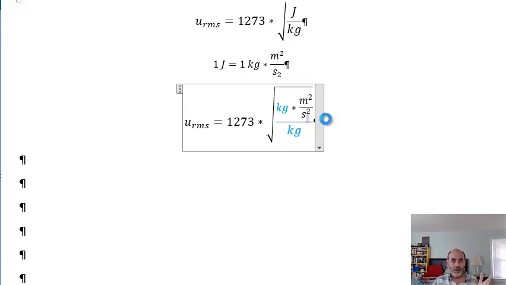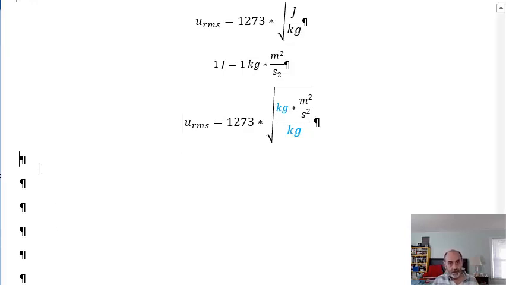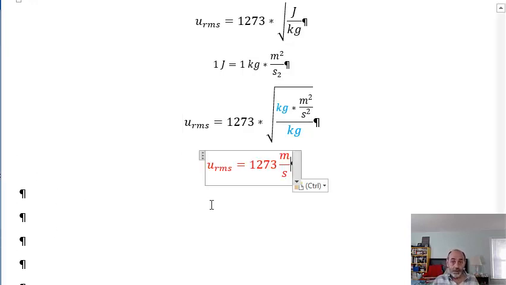So meters squared per second squared, when you take the square root of those, you end up with meters per second, don't you? So that makes our final answer, after a little modification in what I had, this. So that ammonia molecule, when it's at that temperature, is moving 1273 meters per second. Pretty fast, huh? Okay, well that's using the root mean square velocity relationship that we have in our gas toolbox.